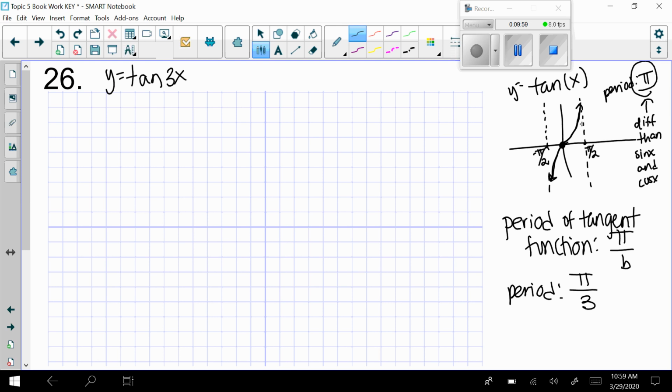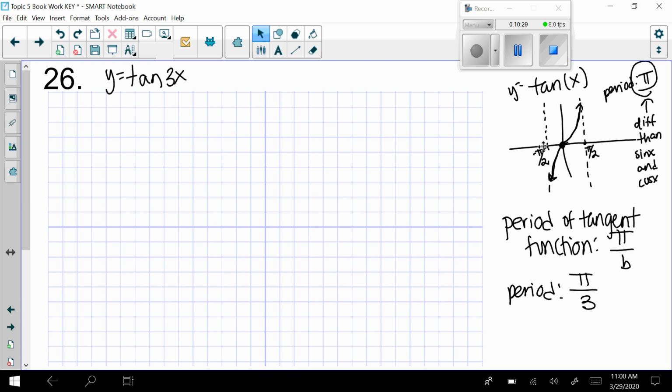Okay, and we are going to graph two of these at least, so I'll talk about how we're going to do that. So first of all, I'm going to make this pi over 3 and negative pi over 3. Oh, no, I'm not. Just kidding, redo. We know the whole period has to be pi over 3, so therefore I want a half on this side and a half on this side.